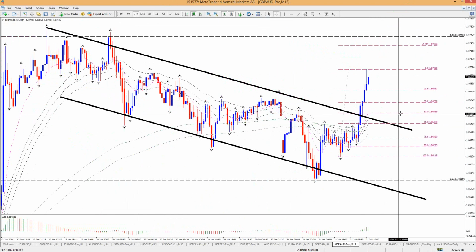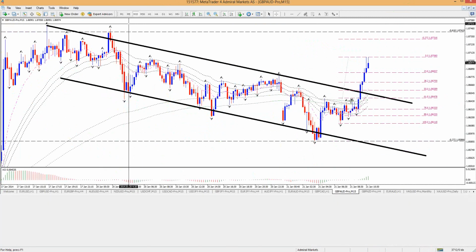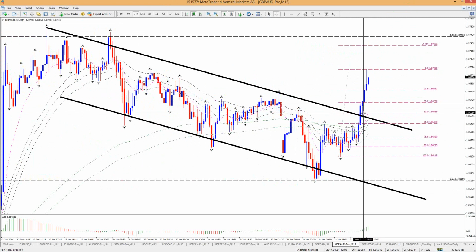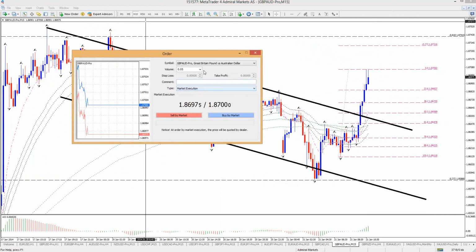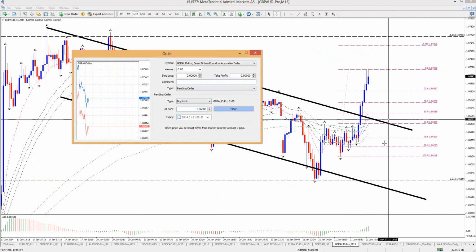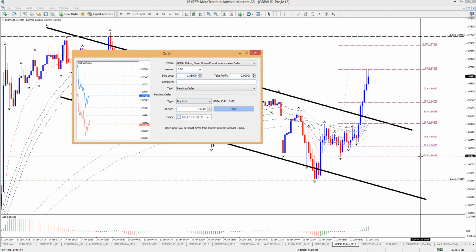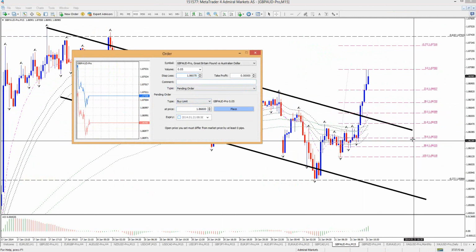So I'll put a pending at the 50, I think. By waiting for the pullback, it does make the stop loss smaller.